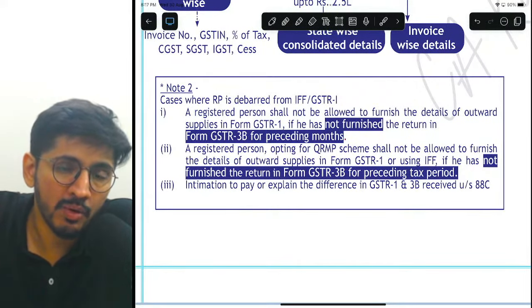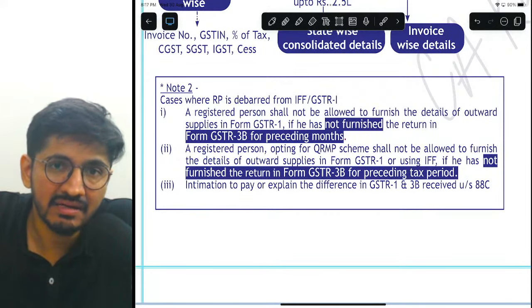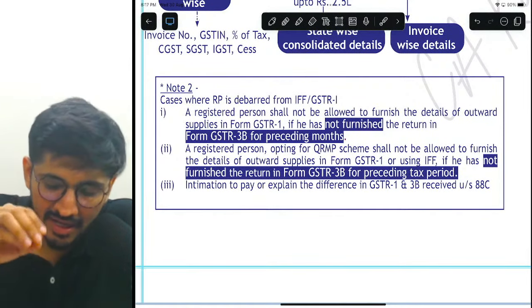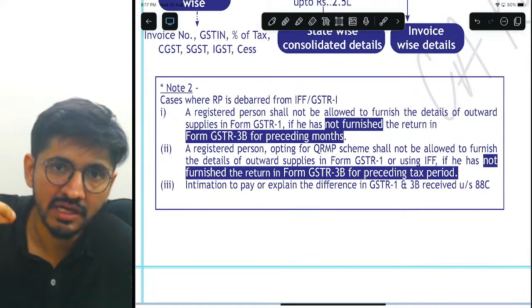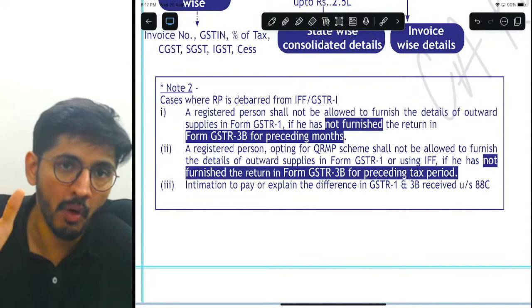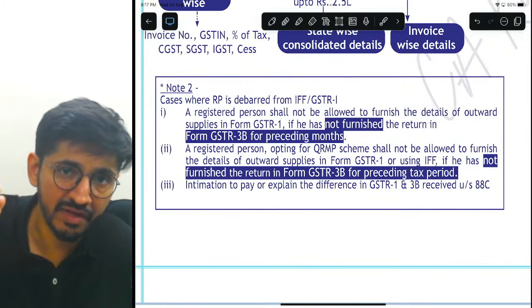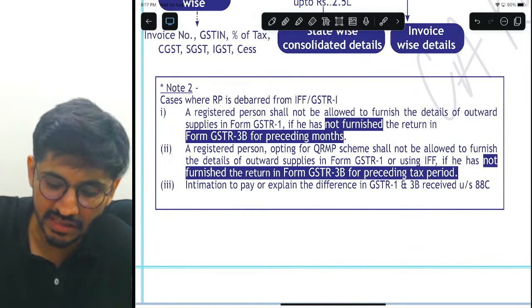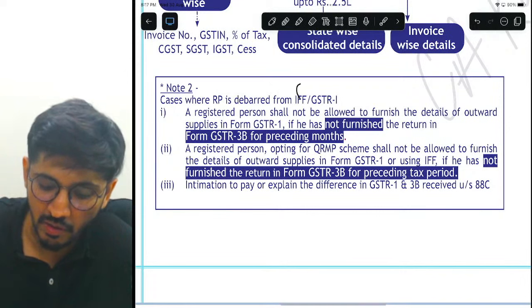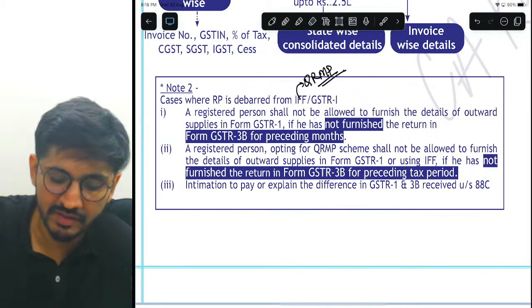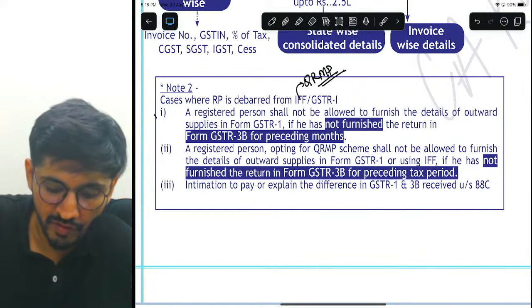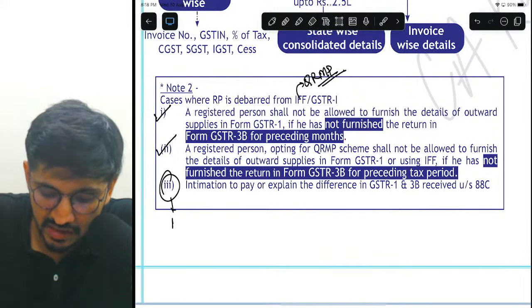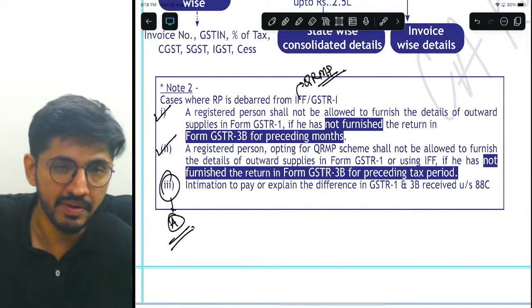And which is why all I want to tell you, my dear friends, is that the best thing government has said is that if you do these non-compliances, your GSTR 1 will be blocked, or your IFF, that is invoice furnishing facility, will be blocked, which we will actually see in the QRMP scheme. This is relevant for the QRMP scheme. Now understand, my dear friends, which are those three cases. So first and second were always there. It is the third which is the recent amendment that has just happened.